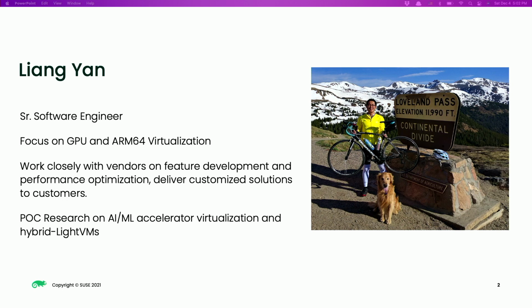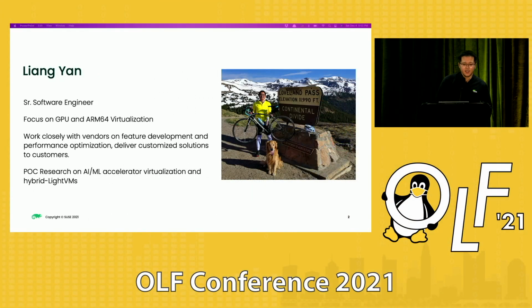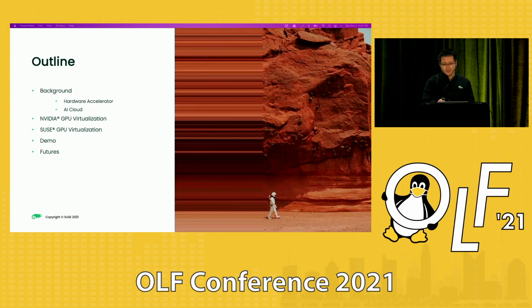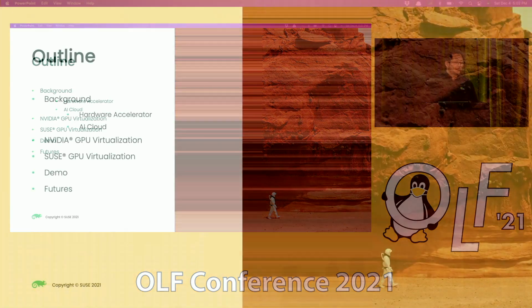My work is pretty close with vendors like NVIDIA, AMD, Intel, ARM, and sometimes customers, for some solutions. I'm personally also working on AI and machine learning accelerator research. This is part of the research, today's topic.